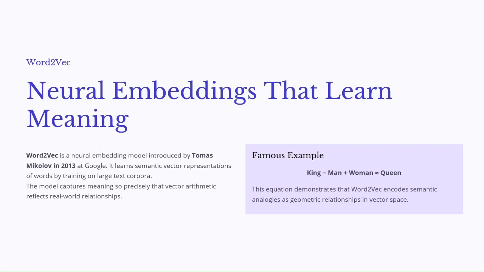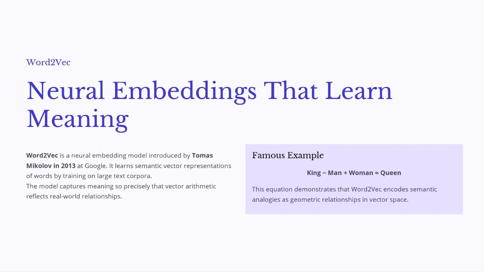Word2Vec is a neural embedding model introduced by Tomas Mikolov in 2013 at Google. It learns the semantic vector representation of words by training on a large text corpus. The model captures meaning so precisely that vector arithmetic reflects real world relationships. A famous example, whenever you look up Word2Vec, is king minus man plus woman, which is approximately equal to queen.